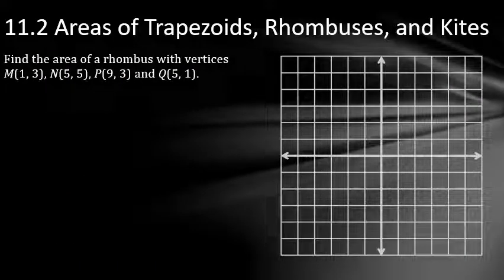Last problem. Find the area of a rhombus with vertices (1, 3), (5, 5), (9, 3), (5, 1). My graph only goes to 6, but I need to graph points up through 9, so I'm going to have to count by 2's. Maybe we should start by plotting the points.